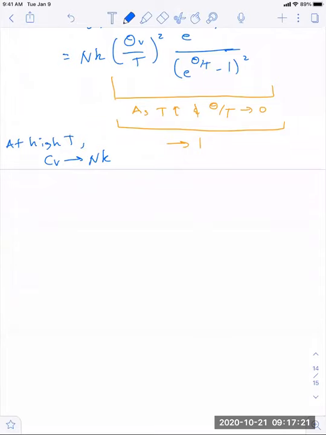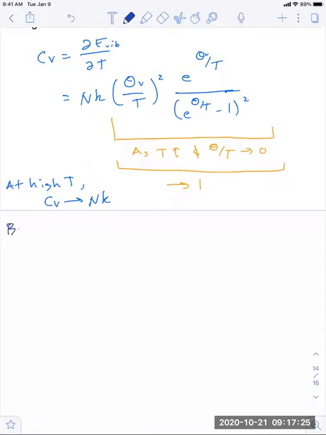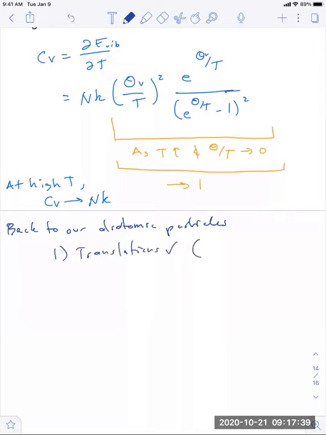So back to our particles. I'll leave some of this up here. So we have translations. These are just the same as our monoatomic case.